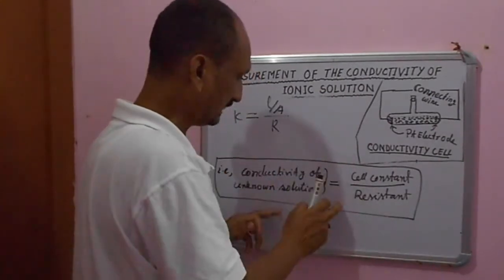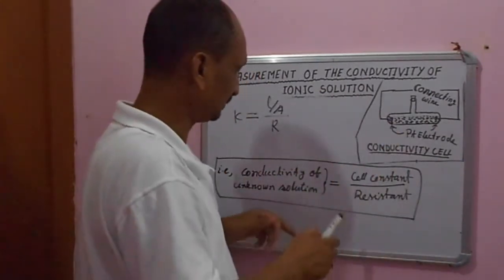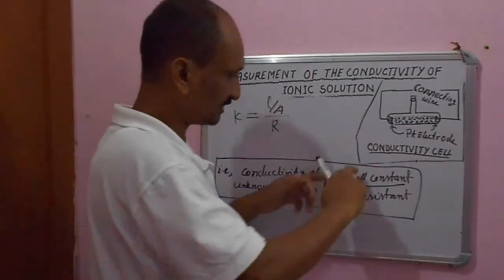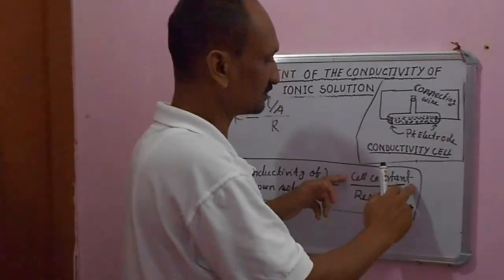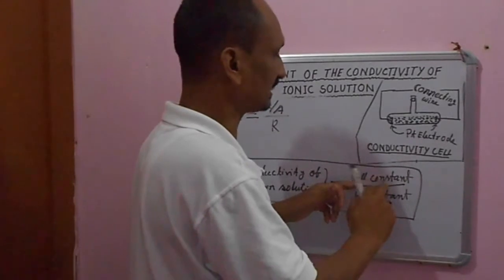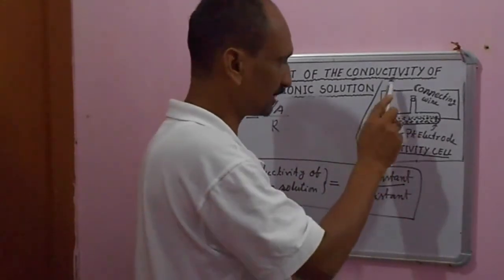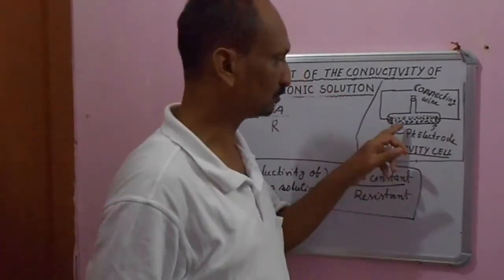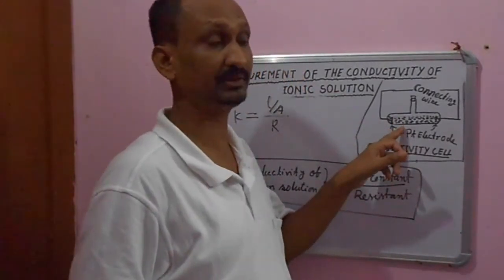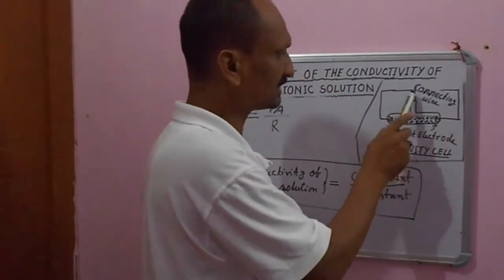So it is done in two steps. Again I am repeating. The two steps mean that in the first step we have to measure the cell constant. How do we measure the cell constant? For this purpose we have to take one known solution, whose conductivity is known, and that is potassium chloride solution.